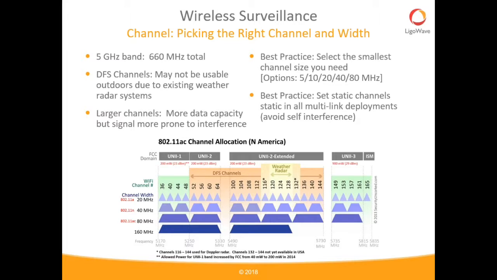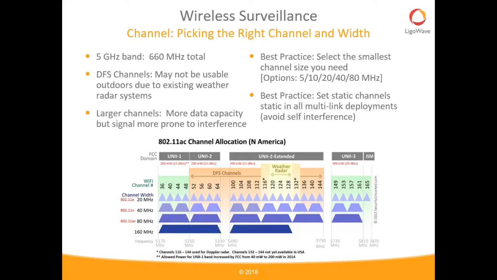So now let's talk about picking the right channel. Typically when we're talking about wireless surveillance, most applications these days we're doing 5 gigahertz 802.11ac. The 5 gigahertz band has a total of 660 megahertz available. However, 2/3 of it are in the Uni 2 and Uni 2E bands, which are your so-called DFS channels.